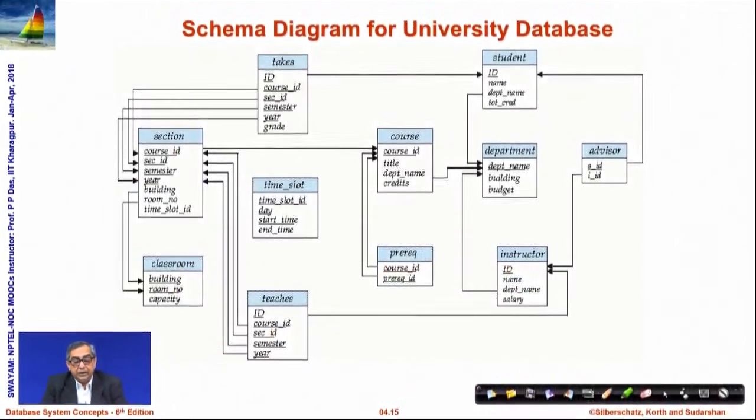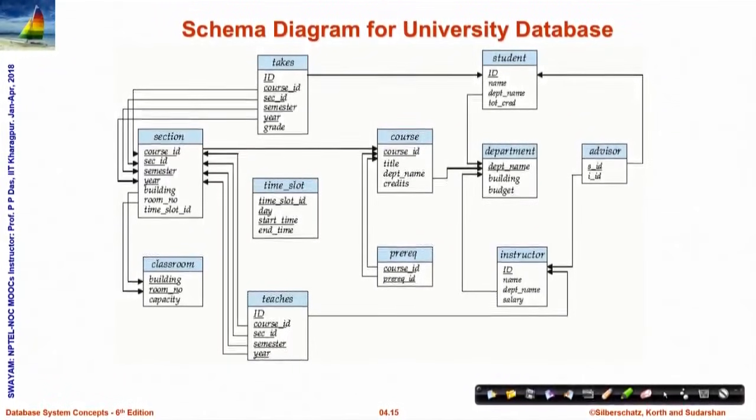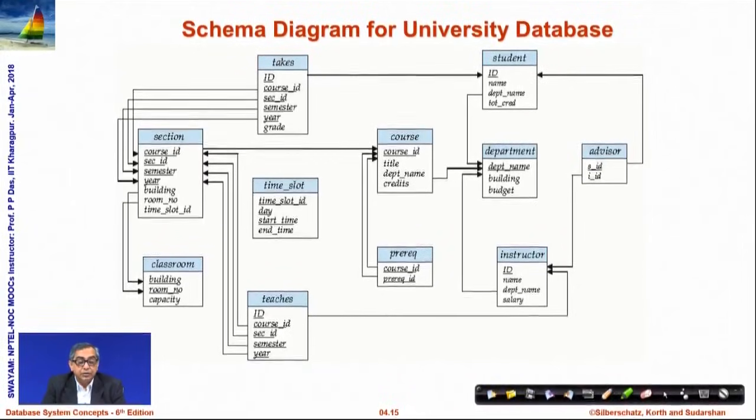With this I would request you to spend some time with this relatively elaborate schema of the university database, compared to what we have done already. Every rectangular box shows a relational schema. On top of each, in blue, is written the name of that relational schema.